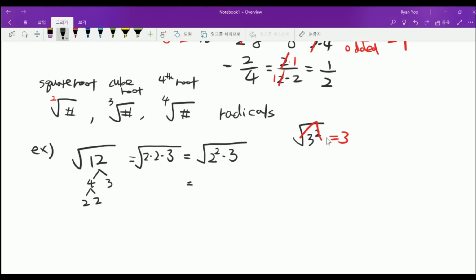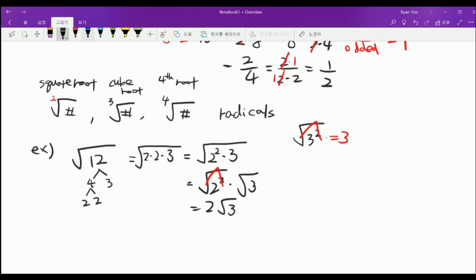So if I rewrite this, it looks like the square root of 2 squared times the square root of 3. They mean the same thing. If it's a multiplication, you can put it in two different radicals. Anyway, there's good news: square root and square cancel out. Now it becomes 2 times radical 3. So you're done simplifying.